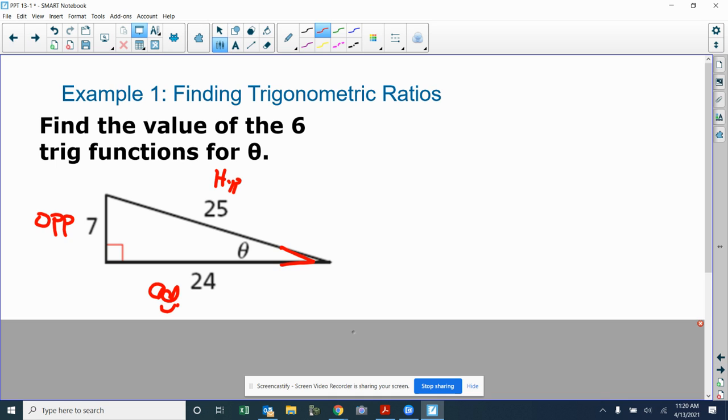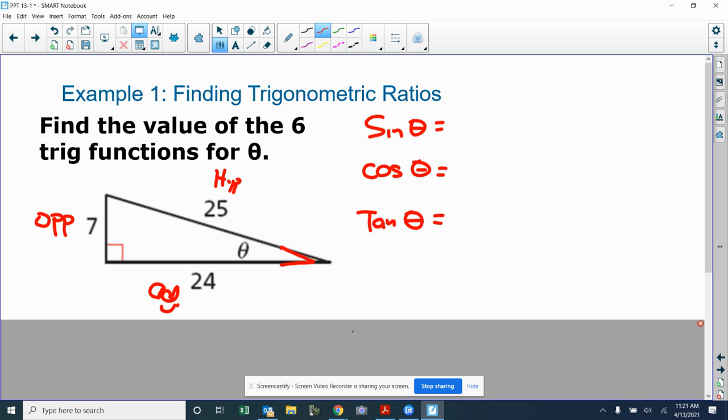All right. See if you can find sine, cosine, and tangent now. Remember, we don't need our calculator. These are pretty straight up and simple.